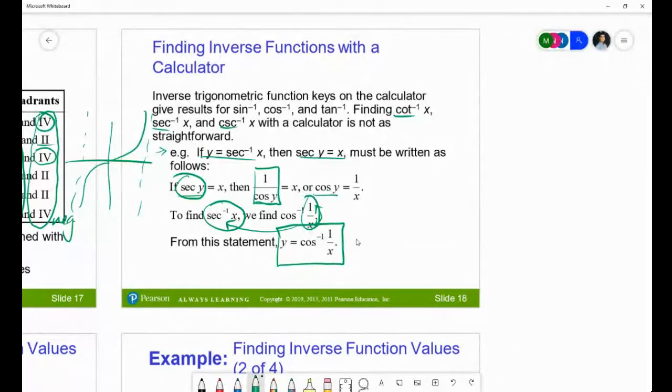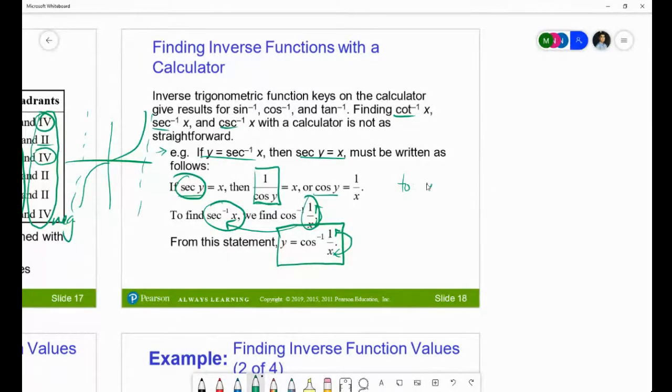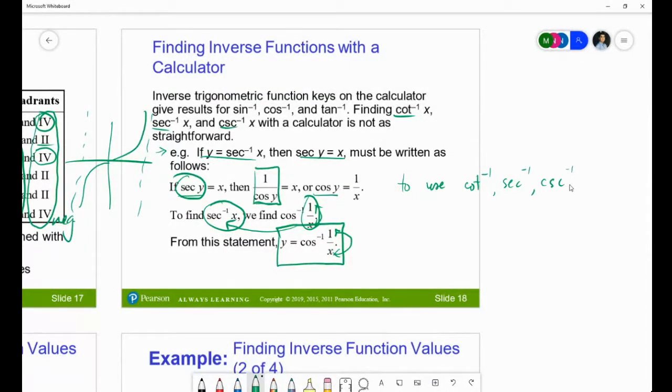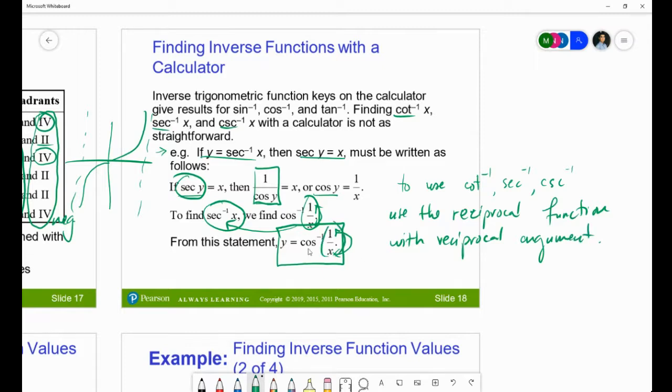So we have to use the reciprocal function in order to find its inverse, where we take the reciprocal of the argument. Again, the argument is everything in these parentheses.